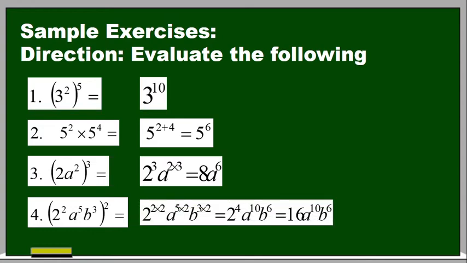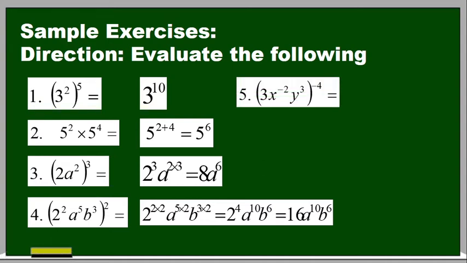So that becomes 2 raised to 2 times 2, a raised to 5 times 2, b raised to 3 times 2. And 2 raised to 2 times 2 is 4, or 2 to the 4th power, and that is 16. And then a raised to 10, b raised to the 6th power.